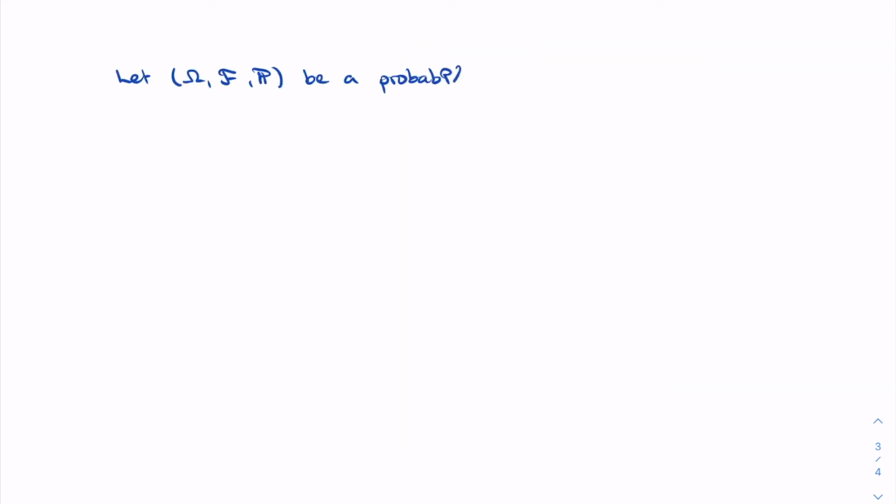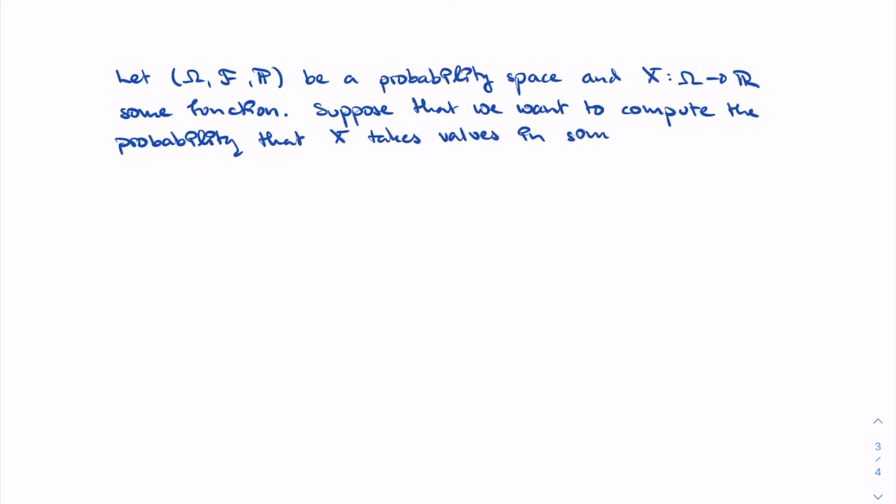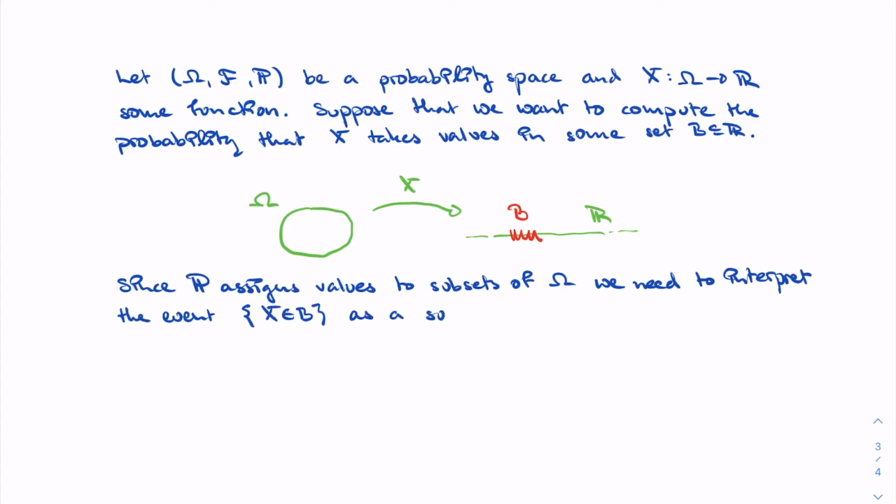Let Omega, F and P be a probability space and X some function. Suppose that we want to compute the probability that X takes values in some set B, subset of the real line. Since P assigns values to subsets of Omega, we need to interpret the event that X takes values in B as a subset of Omega.